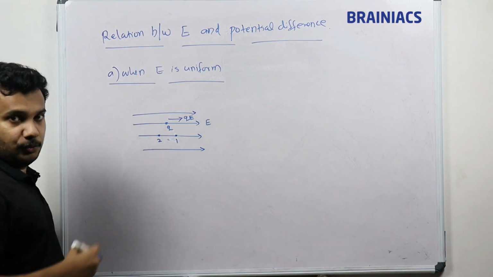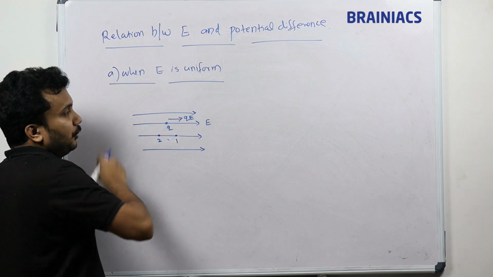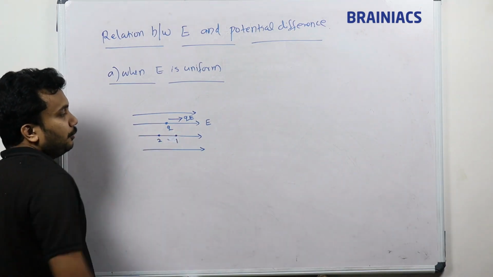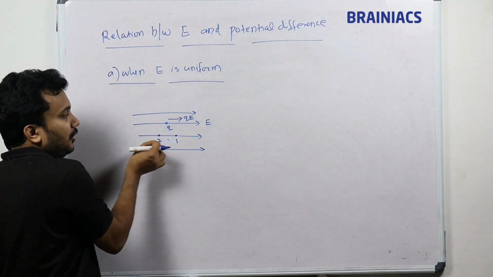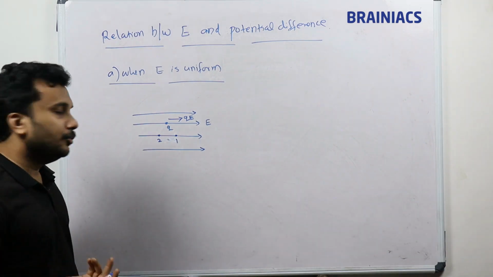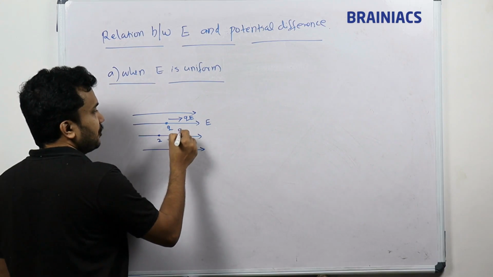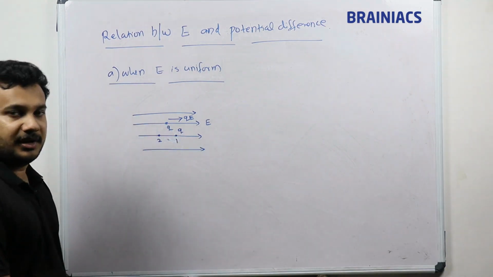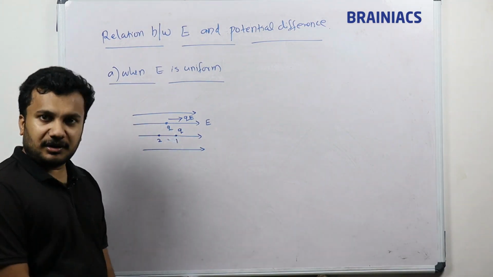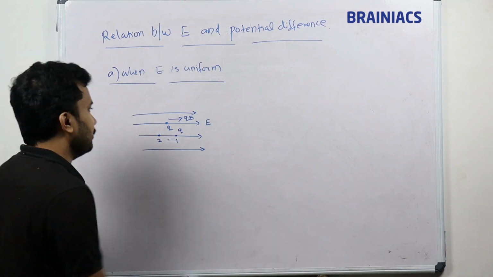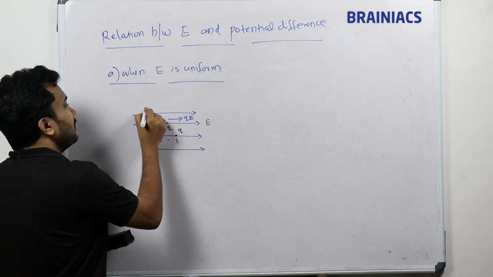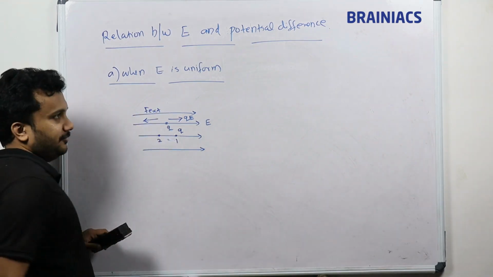If I want to move the charge from point number 1 to point number 2, I am doing some work to move Q amount of charge. That work divided by this charge gives rise to a potential. So I am doing an external work in the opposite direction of the electric field.